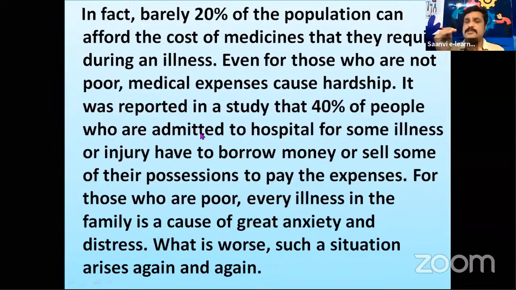Average or below average families, especially in rural areas, have a lot of tension, because if we get any disease, how can we spend money? Some diseases cost lakhs of rupees to cure, and under those circumstances they are unable to pay.